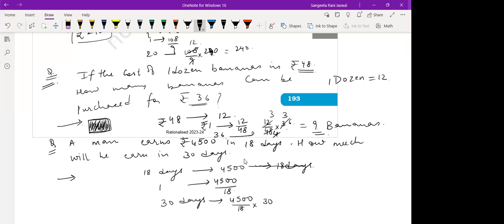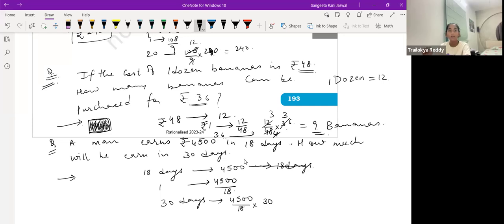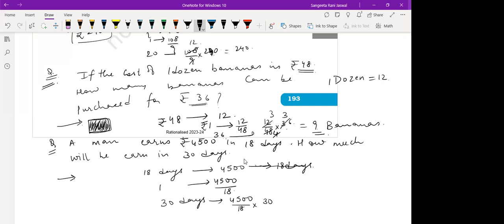Okay, never mind, we'll check. In 18 days he's earning 4,500. In one day he will earn 4,500 by 18. For 30 days he will earn multiplied by 30. Just check what you get. Ma'am, 7,500.